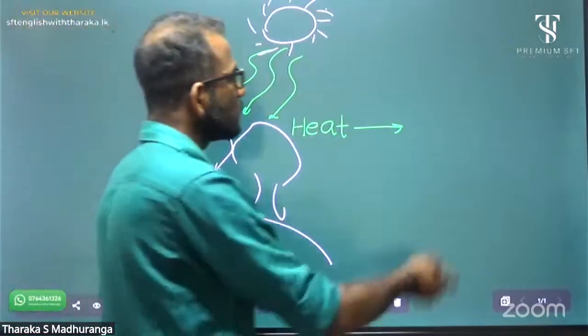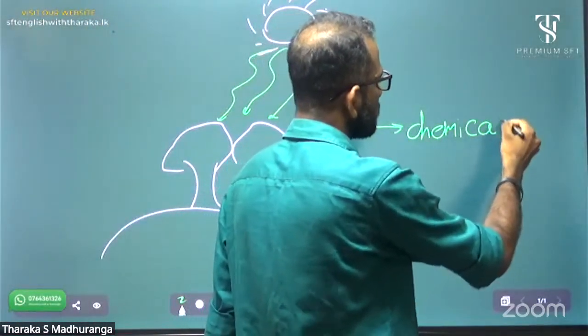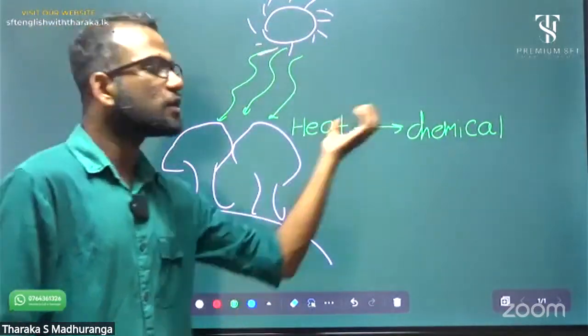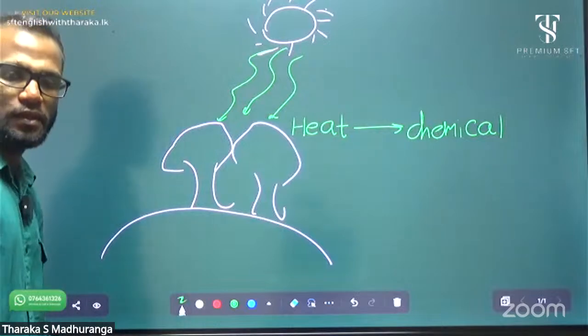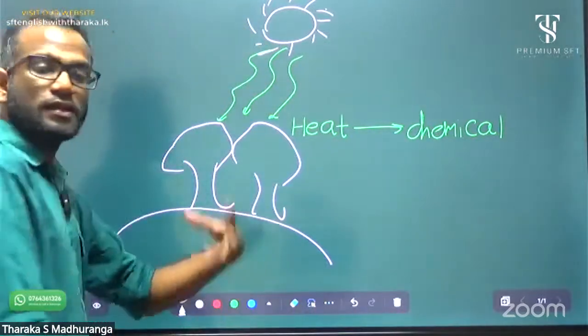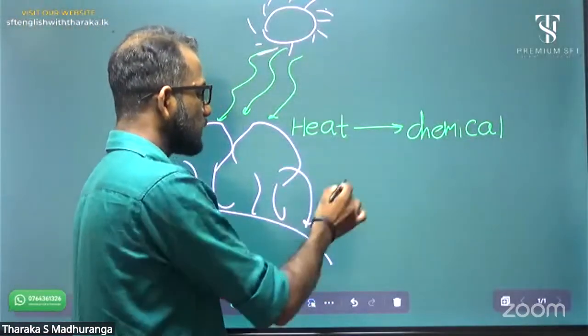Yeah, it is converted to chemical energy. In the photosynthesis process, heat energy converts into chemical energy, right? Now animals, what happened? They depend on the plant material.